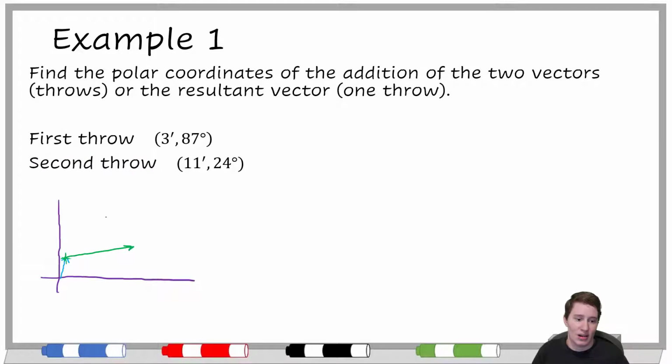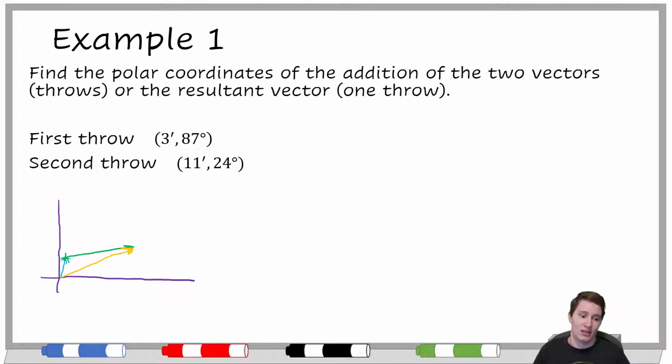So something like this, and this one's longer. Now this isn't going to end up being perfect by any means, but the more you take into account which one's supposed to be longer and about where the angle should be, the closer your figure will actually look. There's actually a lot of ways that we could find these things.